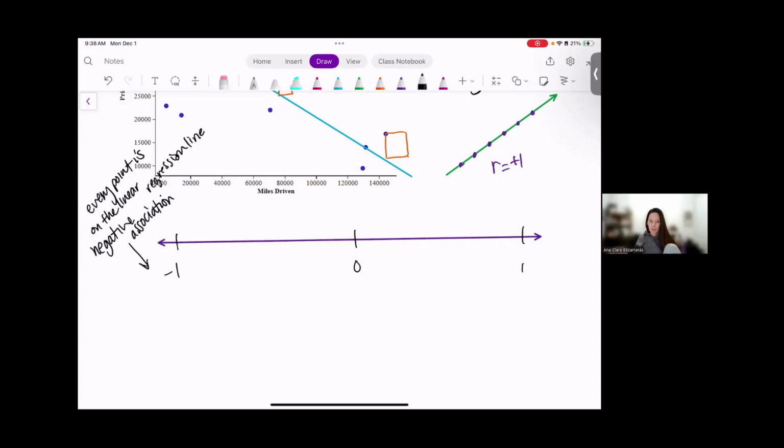The same can be true for +1. What that means for +1 is that every point is on the linear regression line, but there's a positive association. The higher X values are associated with higher Y values.